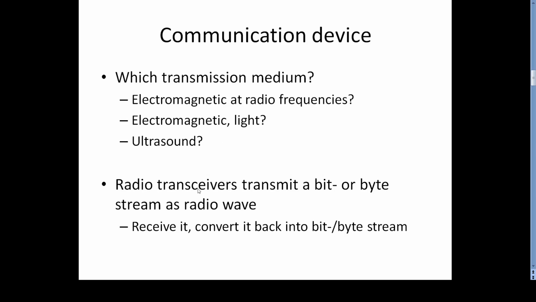Generally, we are going to use radio transceivers. Those transmit a bit or byte stream as a radio wave. So bits are converted into radio waves while transmitting, and during reception those radio waves are converted back into a bit or byte stream.